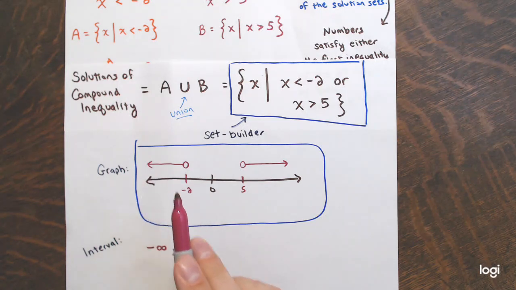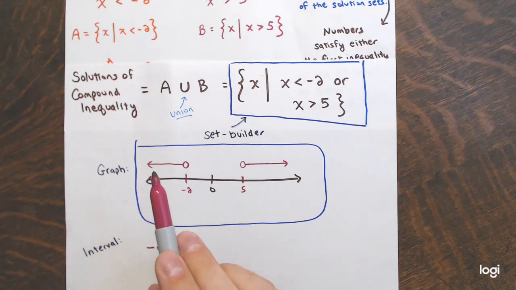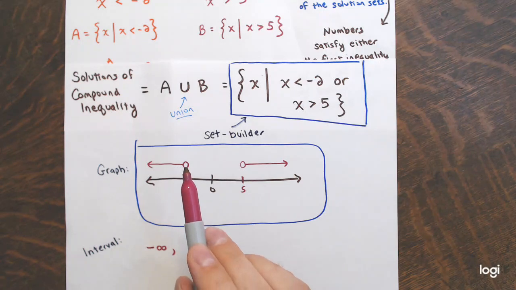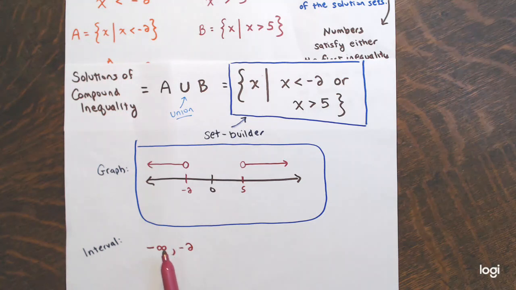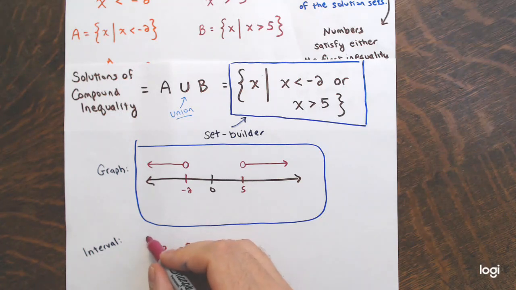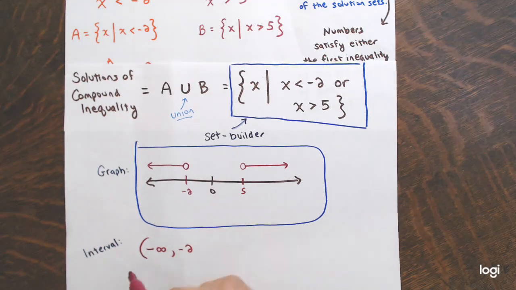And then comma, and then what's the right end of that piece, that first piece of the picture? That's at -2. All right, and then you cap these off with either a parenthesis or a rectangular bracket, depending on whether or not the number at the end actually belongs to the set. Well, I said a second ago, negative infinity is not a number, so it actually doesn't belong to the set.